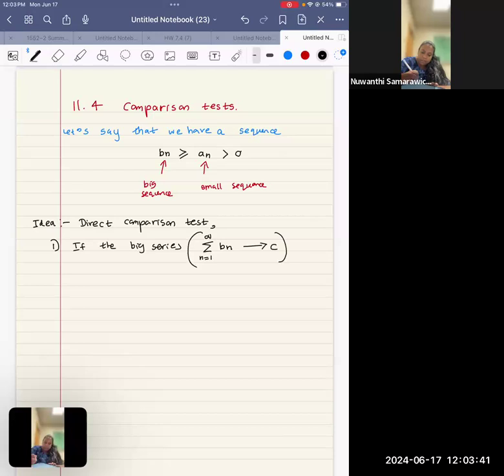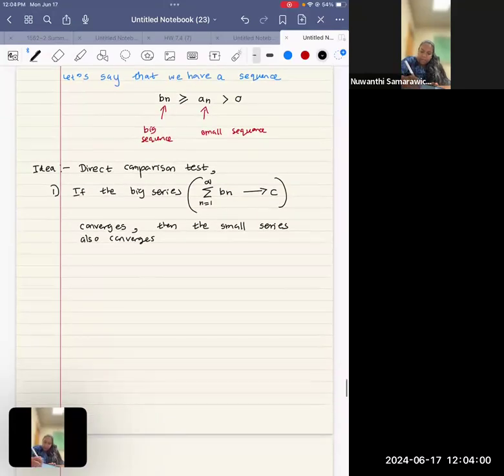So this means it converges. Then the small series also converges. So this is called a direct comparison test. I will write again in notation, the small series also converges.